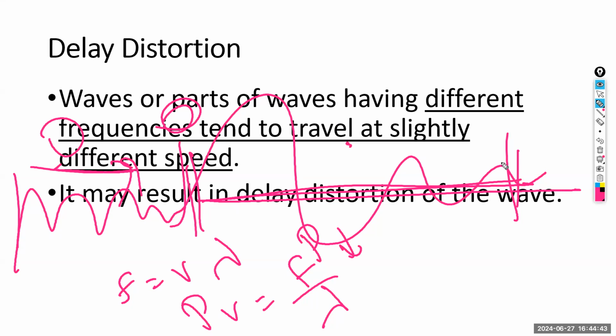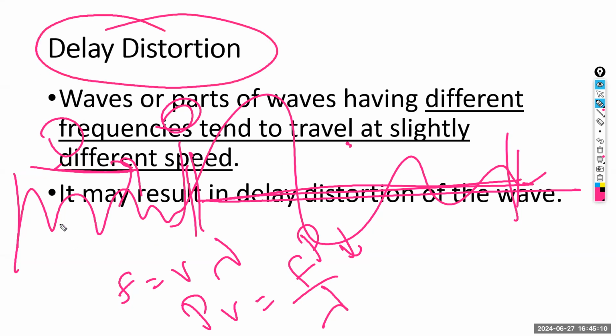But that is very small, but still that distortion can happen, especially when you are sending long distance like satellite. And these days we talk about getting waves from Mars and far away from the universe. So that distortion can be significant. So that is called what? Delay distortion.